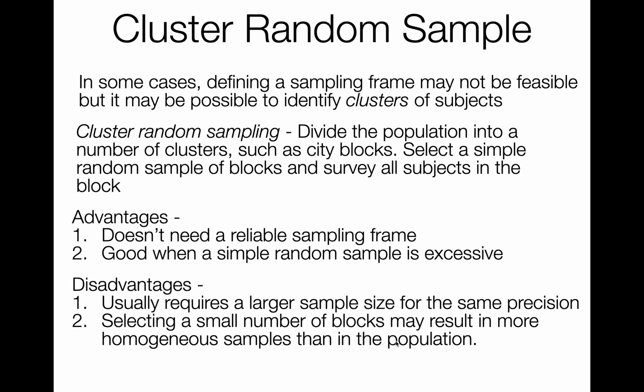So you're taking more of a chance when you use cluster random sampling of not getting a good sample, but it's not a bad solution when traditional methods aren't available or aren't needed.